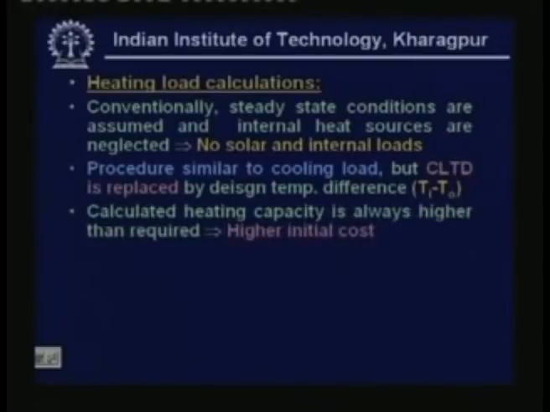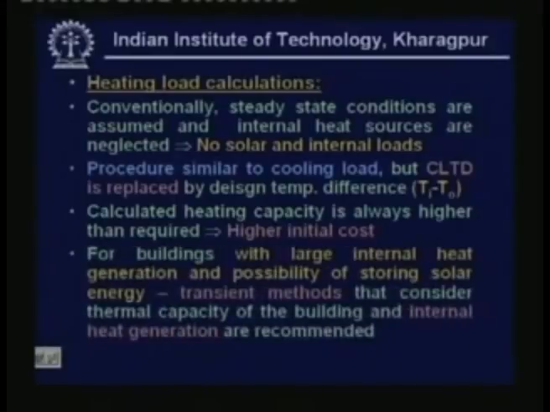You find that if you follow this method, the calculated heating capacity is always higher than the required. As a result, you will actually be spending more because the initial cost will be more due to the higher installed capacity than required. But this is safer, and that is why this is conservative. However, for buildings with large internal heat generation and possibility of storing solar energy, it is always recommended to use transient methods that consider the thermal capacity of the buildings and internal heat generation.